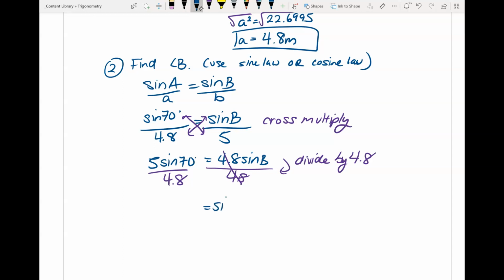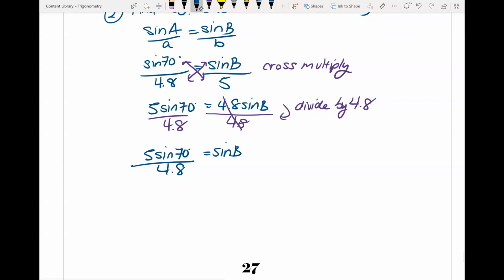So sine B is then 5 sine 70 over 4.8. I can put our left-hand side into the calculator. So 5 times sine 70 divided by 4.8 is 0.9788.